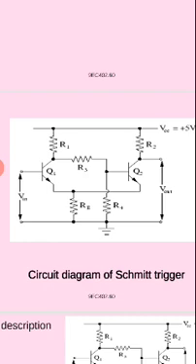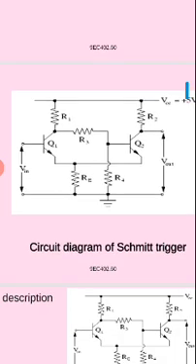The output of transistor Q1 is given to the input of transistor Q2. Both the emitters of the transistors are tied together, hence it is called emitter coupled.